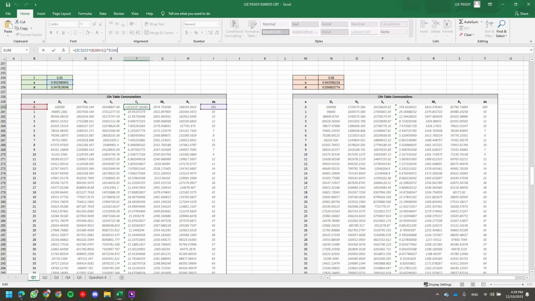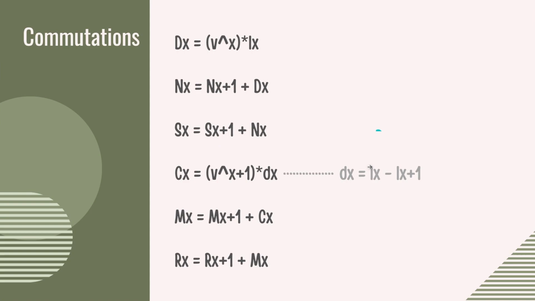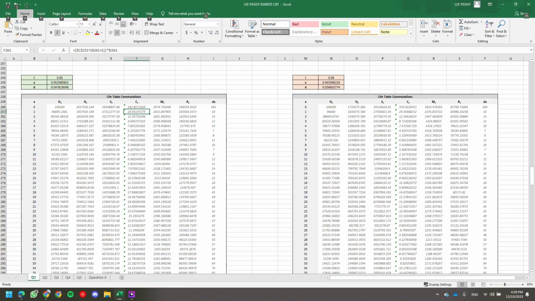Note that for Cx we have to use dx, which is the value equals to lx minus lx plus 1. For the others, we just input all the equations and then we drag it all the way down to get all the values. Similar for the table using i equals to 6%.